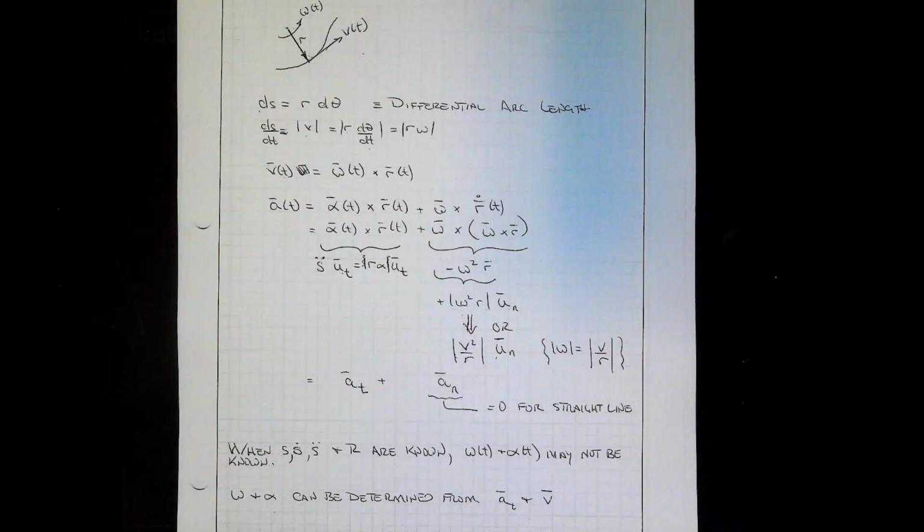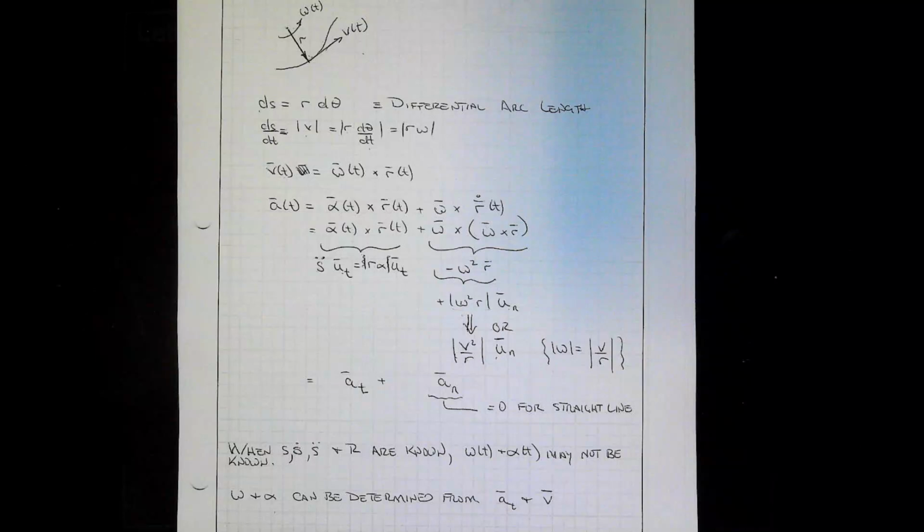Omega would be coming out. If you put your right hand up to here and rolled it toward v, your thumb would point right back in this direction. So that would be minus omega squared r in the vector world.